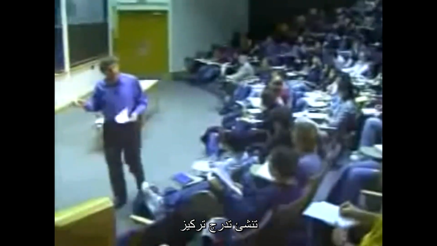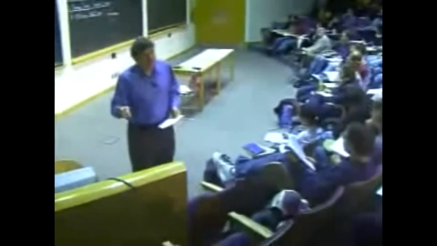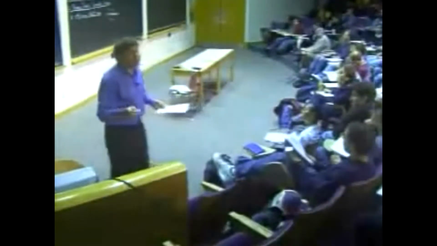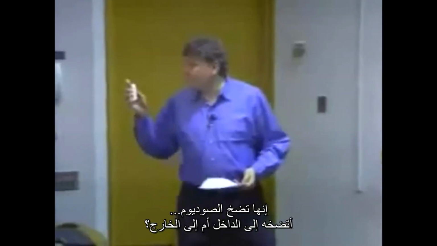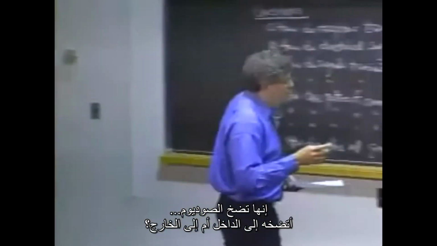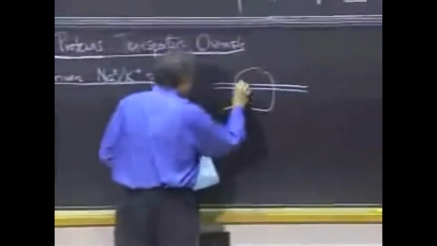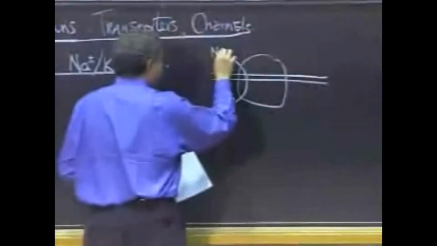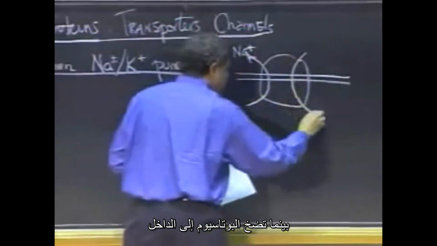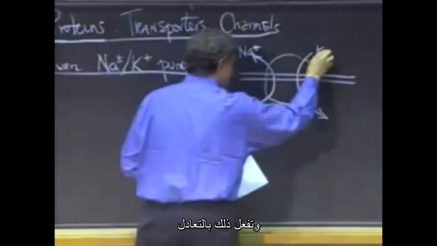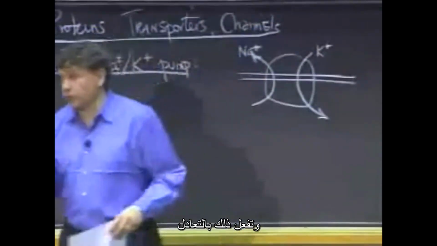How does it set up a concentration gradient? So what does it pump? It pumps a sodium. Does it pump a sodium in or out? Pumps a sodium out. It pumps potassium in, and it does it as an even exchange.